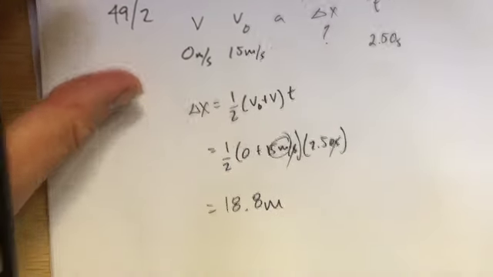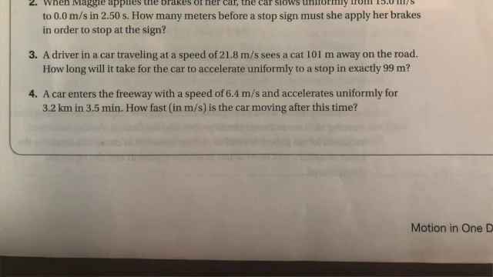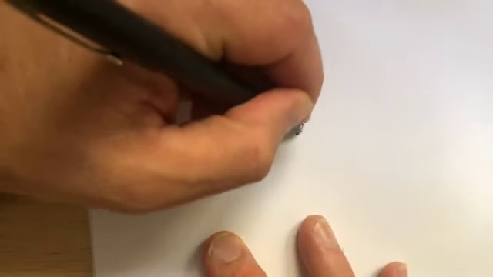All right, and then finally, page 49, number 4. Okay, page 49, number 4 says, a car enters the freeway with a speed of 6.4 meters per second and accelerates uniformly for 3.2 kilometers in 3.5 minutes. How fast in meters per second is the car moving after this time? All right, so let's fill out our chart.